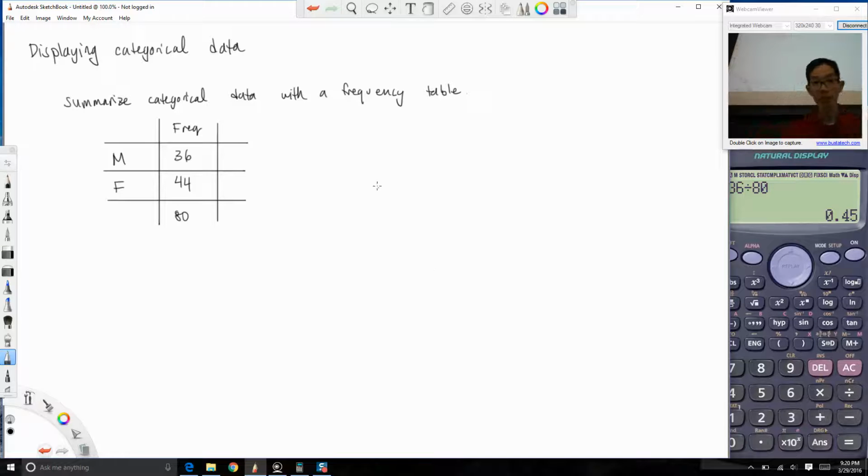We could also further split this into what's called a two-way table. Say we have two categorical variables.